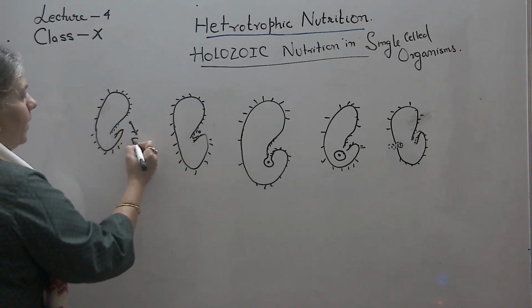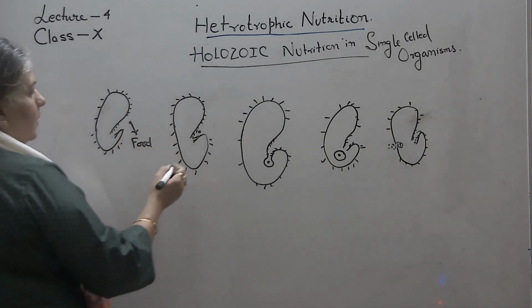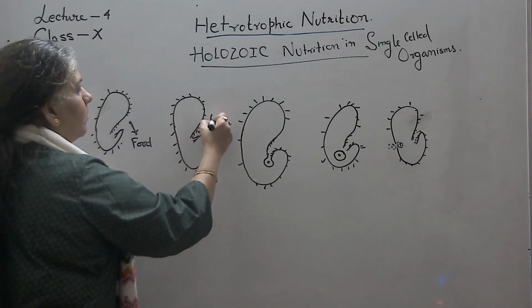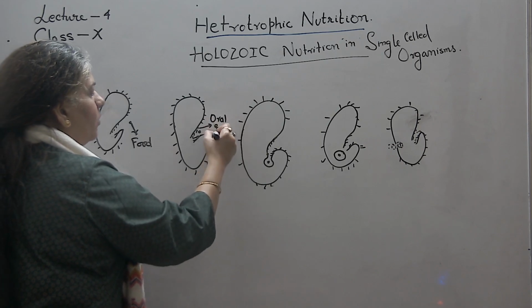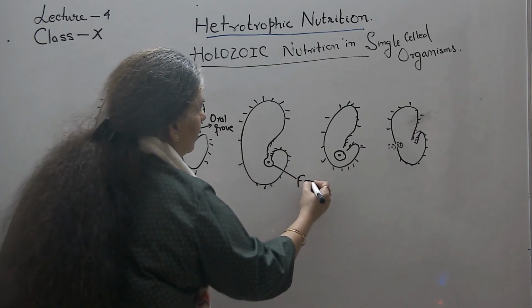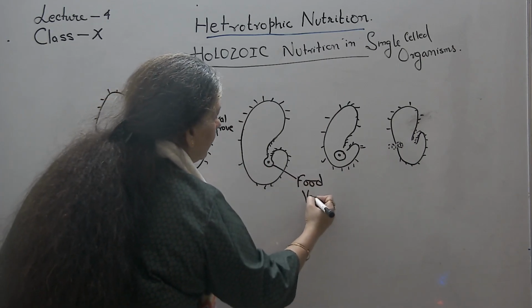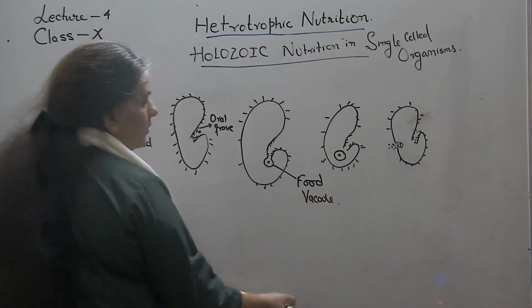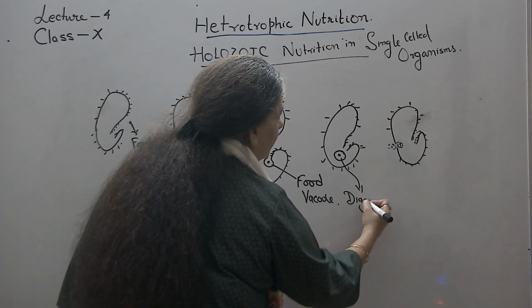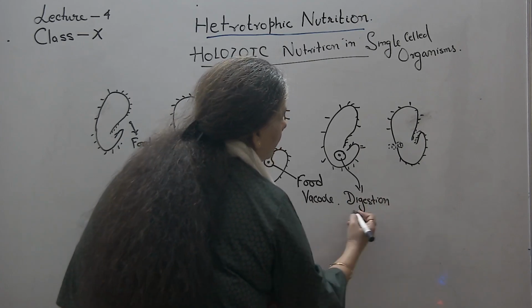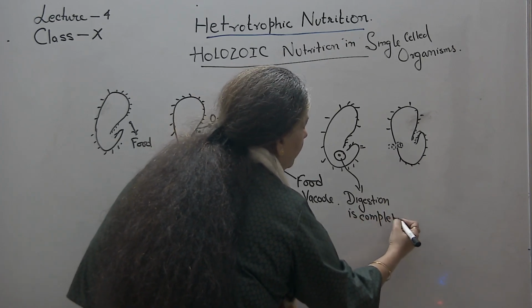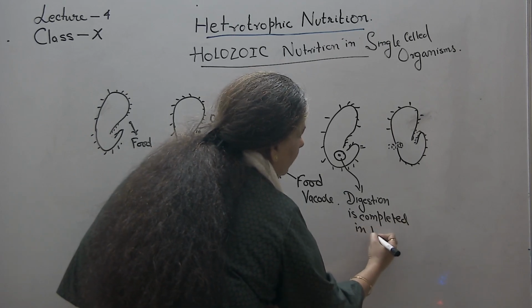See, this is the food particle. Again, food is moved inside the oral groove. This is the oral groove. Food vacuole. Here digestion is completed in the food vacuole.